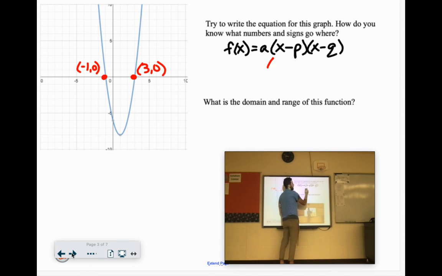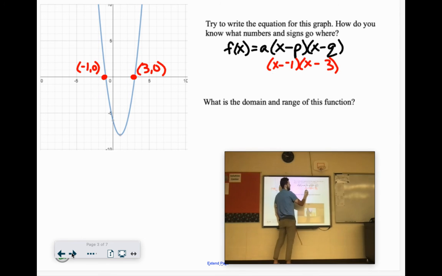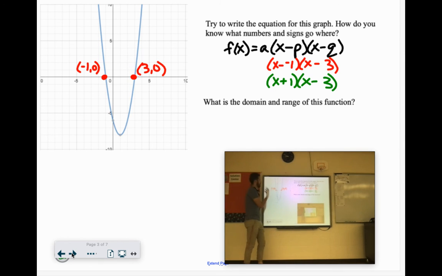Now, if we were to write x minus negative 1, x minus 3, that minus negative 1 can be cleaned up, and it'll turn into x plus 1. The x minus 3 won't change. So now we just need to check if there's a stretch or a compression. I would say look at the vertex, and remember, on a typical parabola, it's up 1 over 1 both ways.